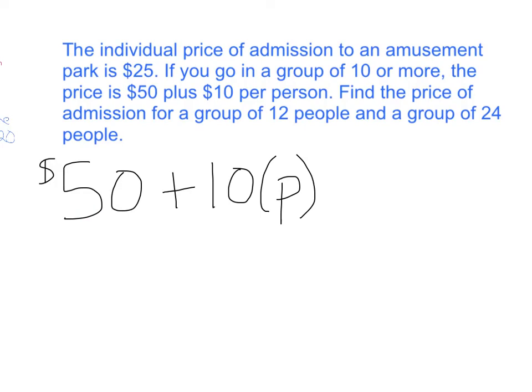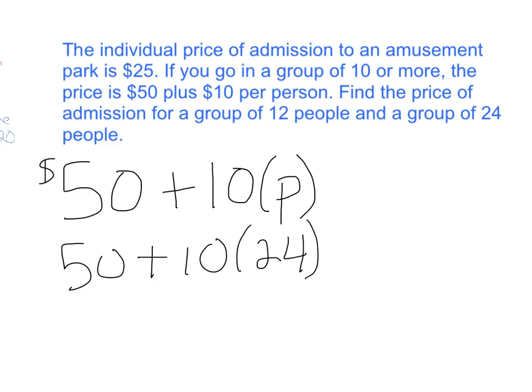Alright, so we're still going to go 50 plus 10 times 24, and we're still going to do our PEMDAS, multiply this first, 240. So you see that's what got doubled. The number of people increased, and that doubled, so that went from 120 to 240. That doubled, but we still have to add in the original cost of $50 that they're adding on to join their party here at the amusement park.